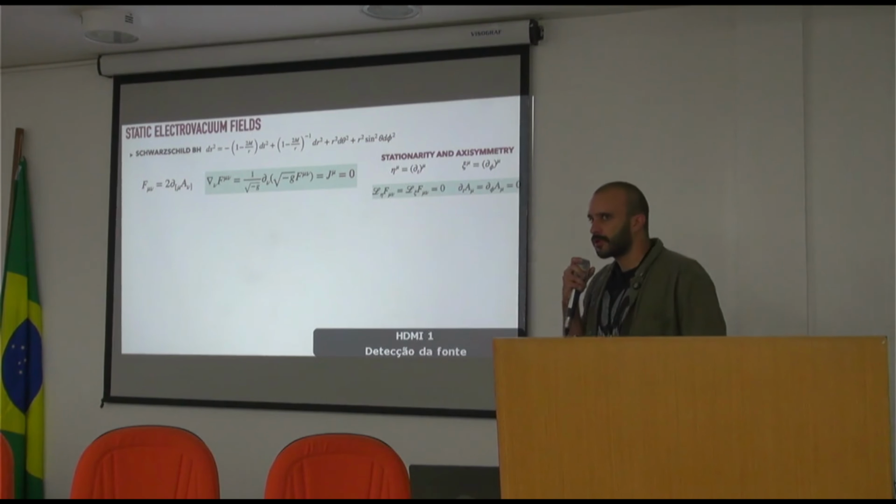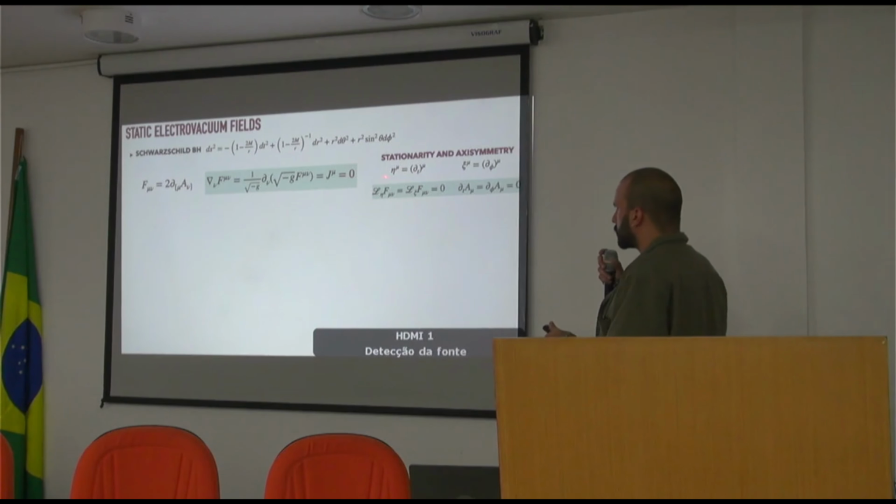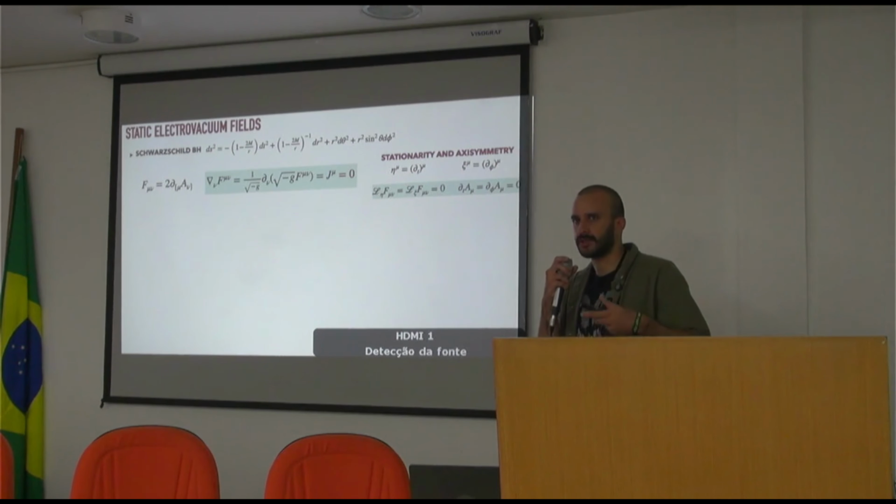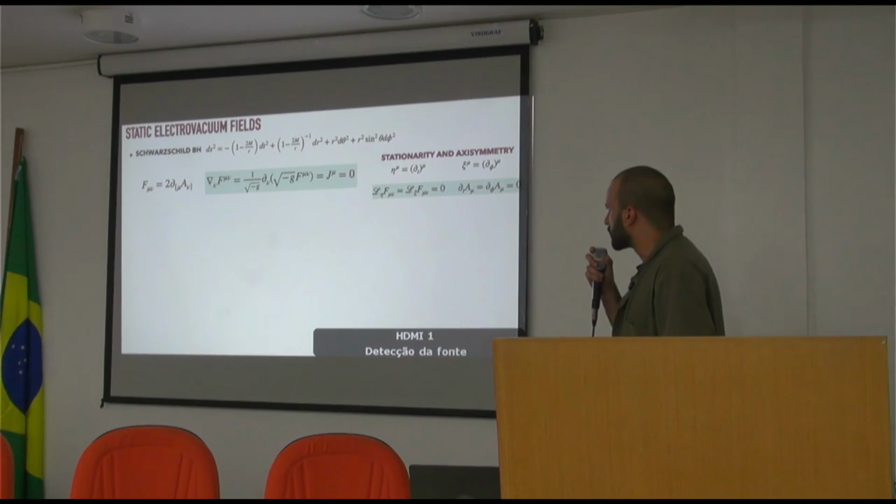We will also restrict to solutions which obey stationarity and axisymmetry, which are the symmetries, the isometries of the background. This, I would say, is a kind of natural simplification.